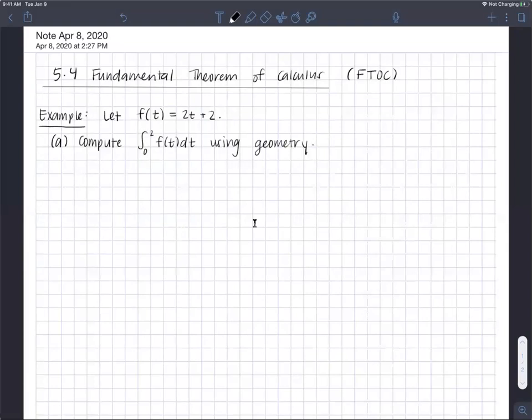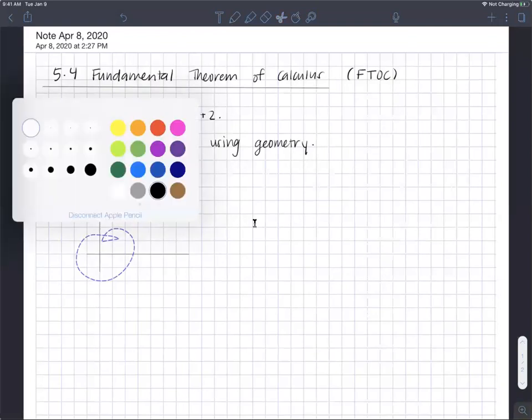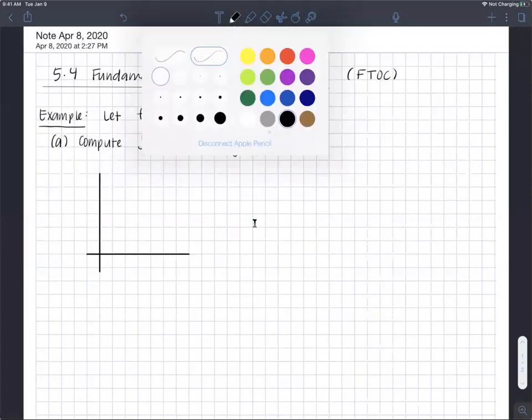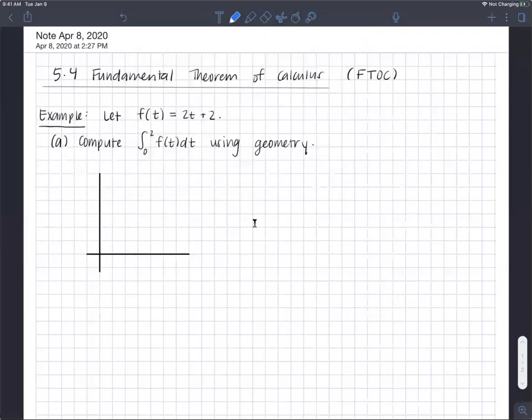And so I'm gonna draw out the graph. So here's my axes, and then my line. So 2t plus 2 is going to have a y-intercept of 2 and a slope of 2 as well. So it's going to go up 2 over 1.